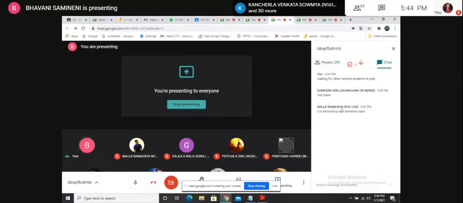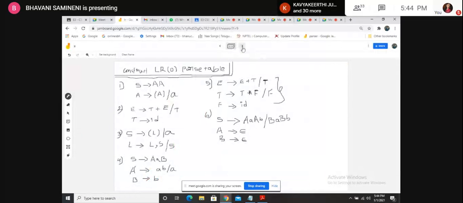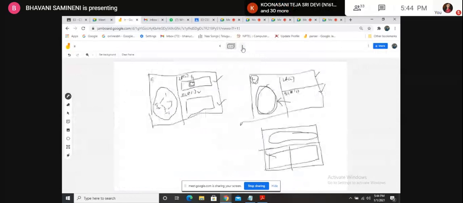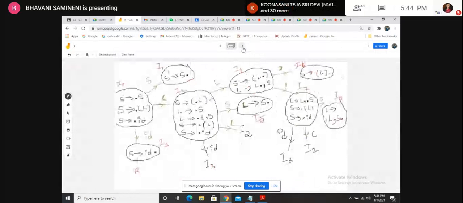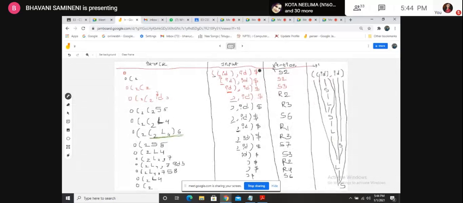Epsilon is a terminal or non-terminal? Epsilon is a terminal, but we are not going to write it in the terminal part. Definitely, if you are taking this input now, in the input we are not going to get any epsilon. Where will we get epsilon? If you want to nullify any variable, then only will we get an epsilon production.